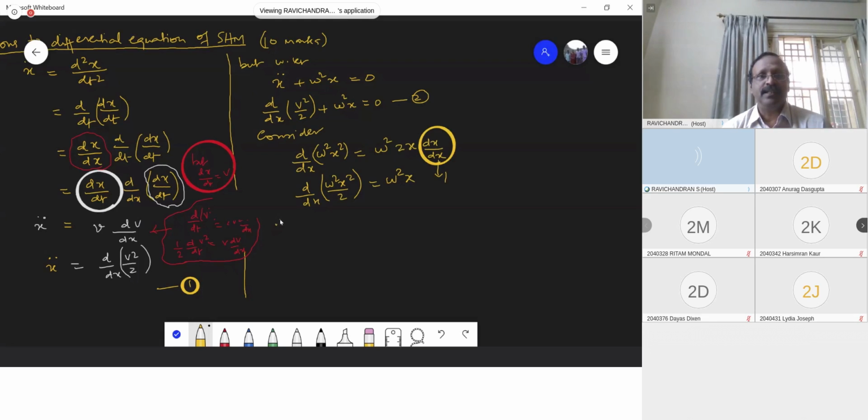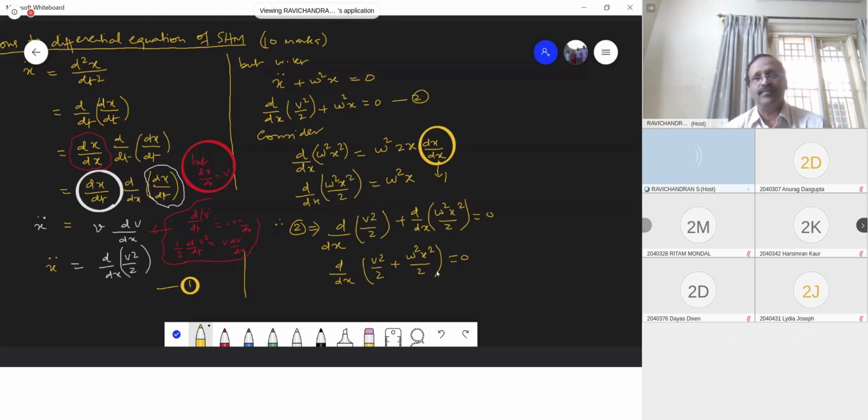Therefore, equation 2 becomes d by dx of v square by 2 plus d by dx of omega square x square by 2 is equal to 0, or I can write d by dx of v square by 2 plus omega square x square by 2 is equal to 0. Correct? Or you bring the dx to the other side, no problem. It will become 0.